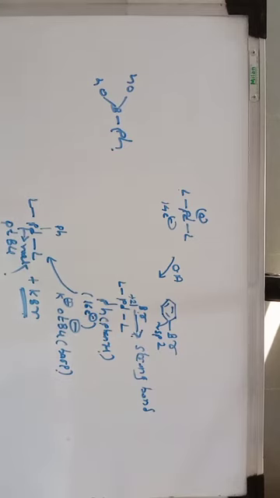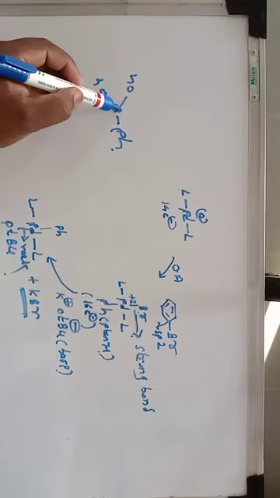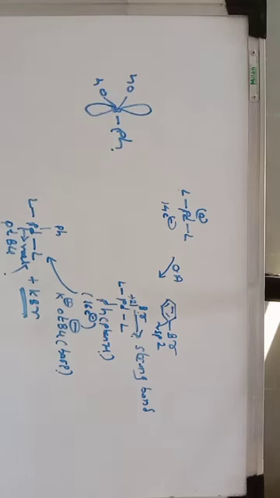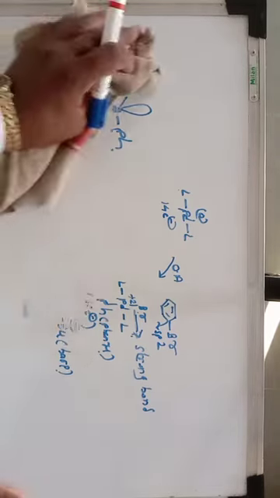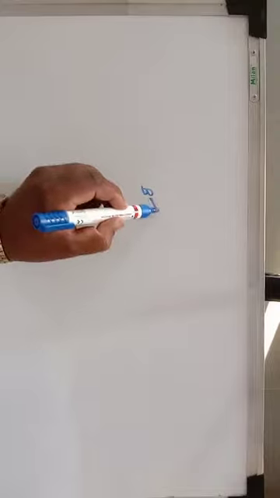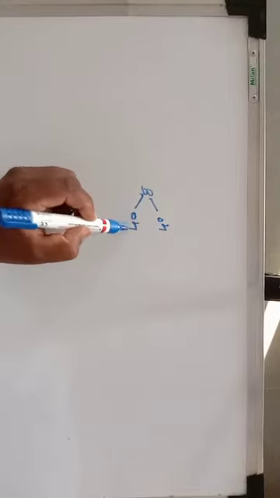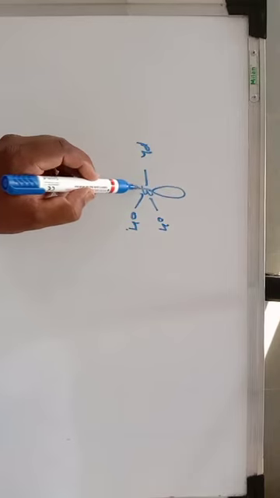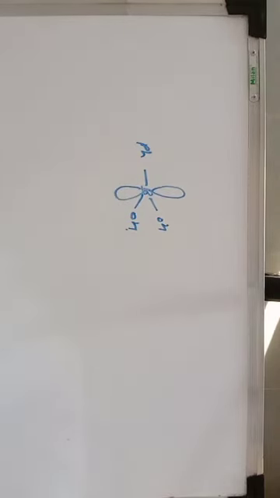So we know that boron has an empty vacant orbital. This is a very important point. So this is boron, this is OH, this is OH, and this is your phenyl. And we know that this boron has an empty 2pz orbital.